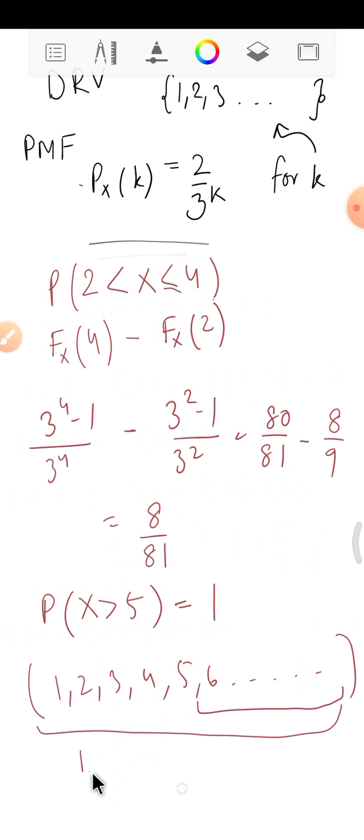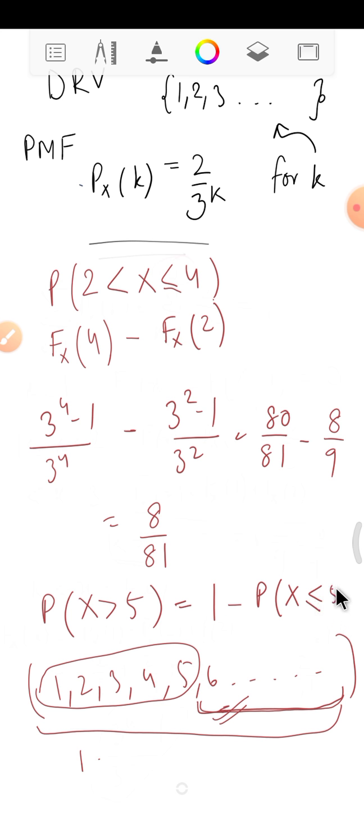So you will subtract the other term from 1. We can say that the probability of a random variable greater than 5 is equal to 1 minus the probability of the random variable being less than or equal to 5. I hope you understand.